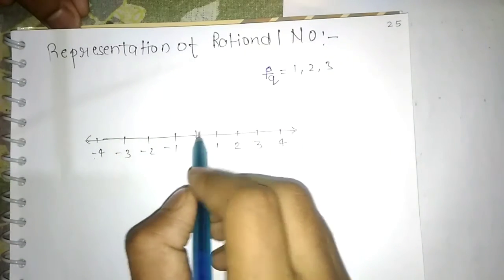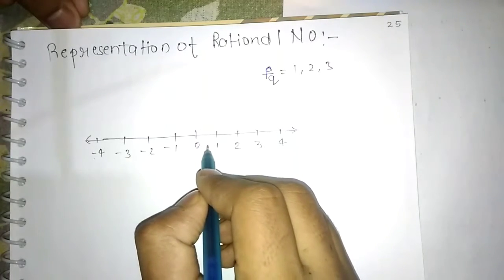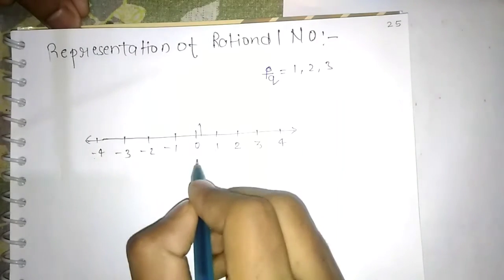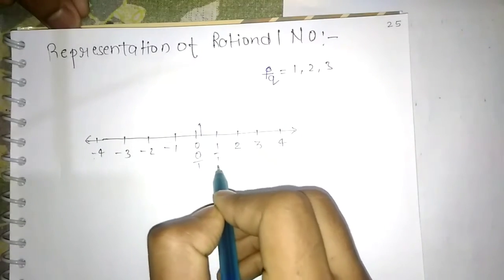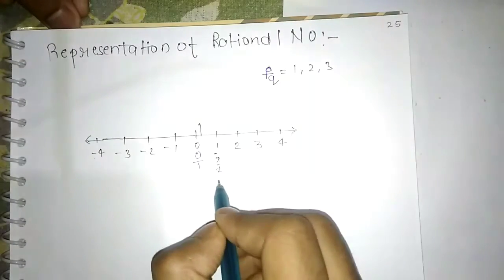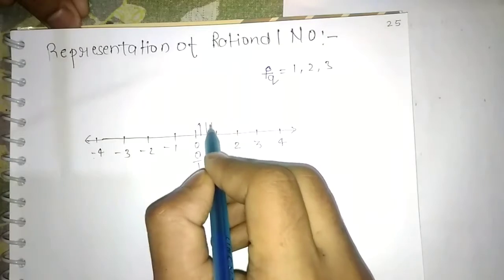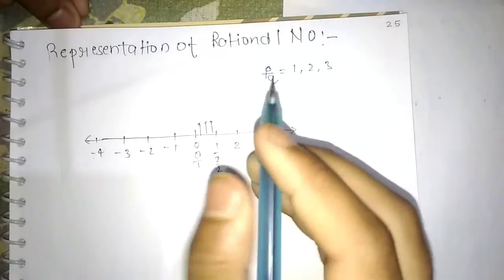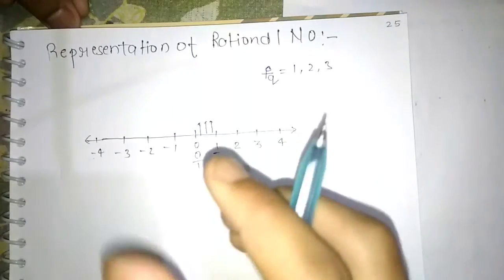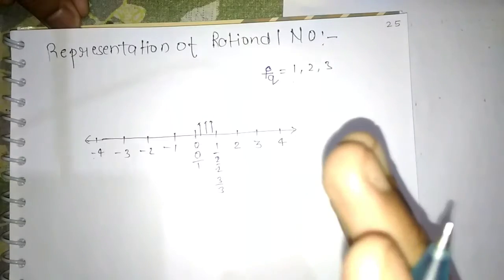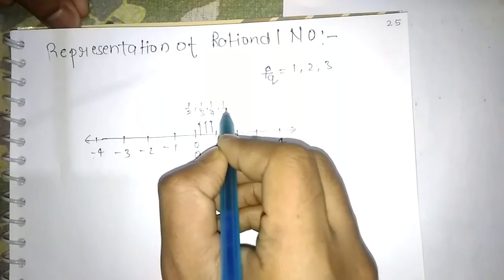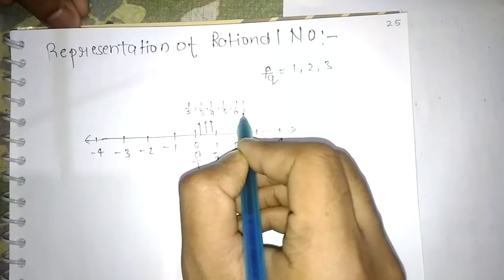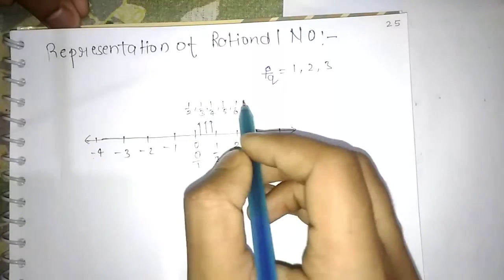So we can represent infinitely many rational numbers between 0 and 1. 0 can also be a rational number, 0 by 1. We can show 1 as 1 by 1, 2 by 2, 3 by 3, and here we can write many rational numbers which are below 1 and greater than 0, which can be 1 by 2, 1 by 3, 1 by 4, 1 by 5, 1 by 6, 1 by 7, can be any number.